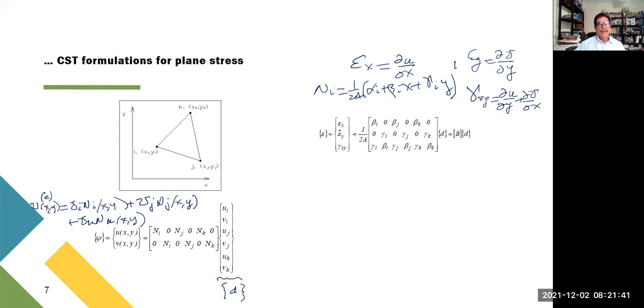Produces these three elements. And this matrix is what we call the matrix B. And this D vector is the displacement vector. Please, this is the advantage of using finite elements. Instead of trying to find u of xy and v of xy, right now, I'm trying to find only 6 values. 3 for the u's, 3 for the v's, and that's all.